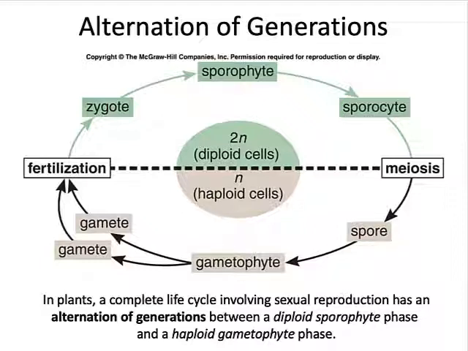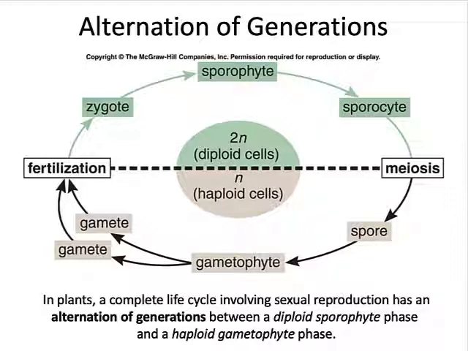The zygote develops into a sporophyte generation, and in some part of the sporophyte generation, the spore mother cells, or sporocytes, will be formed, and those cells will undergo meiosis to produce the spores.